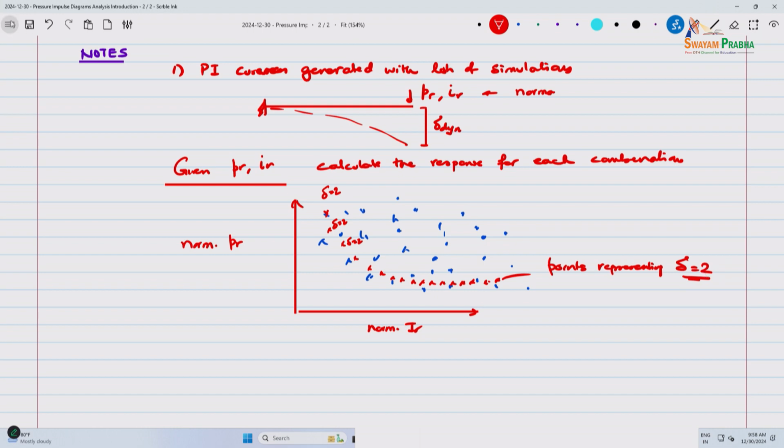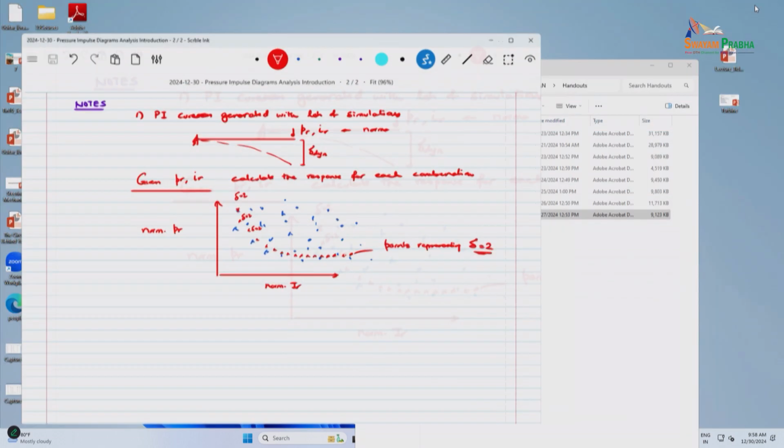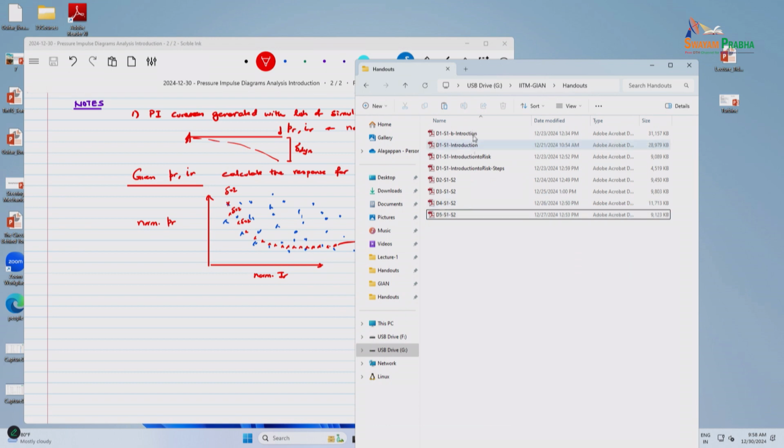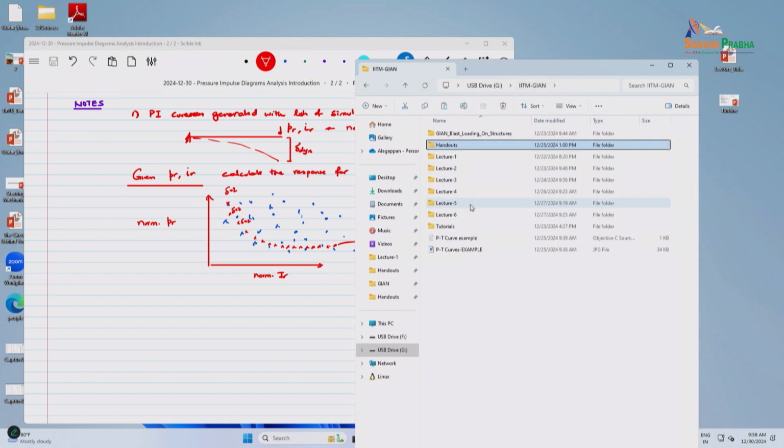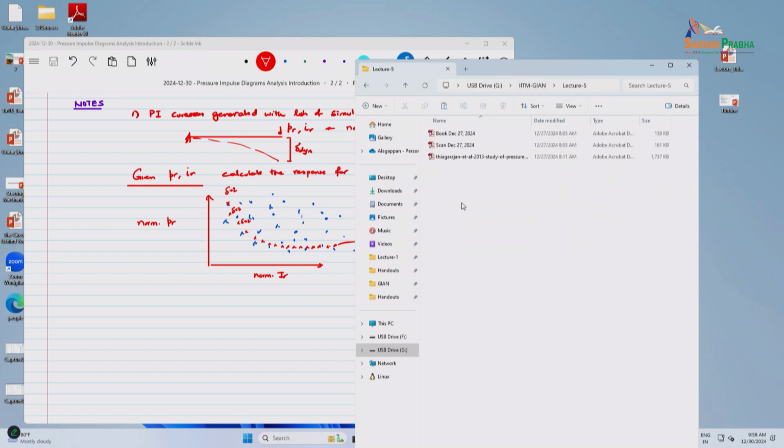To give you an example, I'm going to switch the screen. I wanted to show you an example of what we did a while ago, and there are numerous such examples.